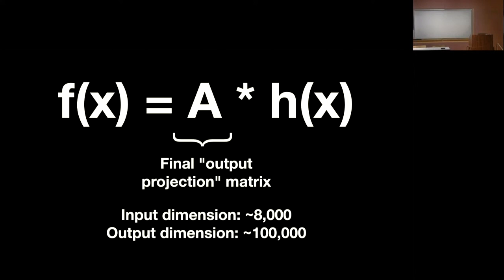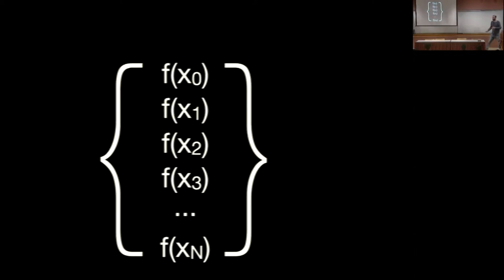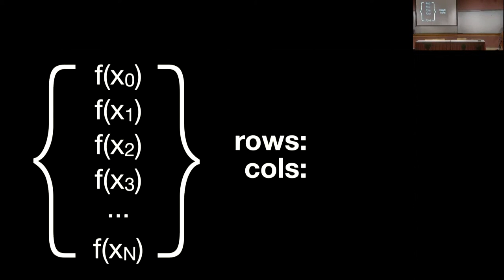This is the important observation. This thing is a linear transformation. We're in some 8,000 dimensional space, and we're up-projecting it to 100,000 dimensions. So this is an 8,000 dimensional subspace of the 100,000 dimensional space. And so if this was 8,000, there should only be 8,000 linearly independent rows.